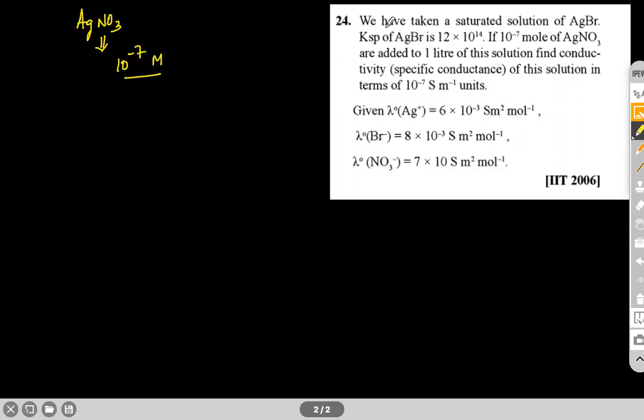See, the question is, we have taken a saturated solution of AgBr and in this AgNO3 is added into the 1 liter solution of it. So since we are adding AgNO3 into the saturated solution of AgBr, this reduces the solubility of AgBr, because of the common ion effect.